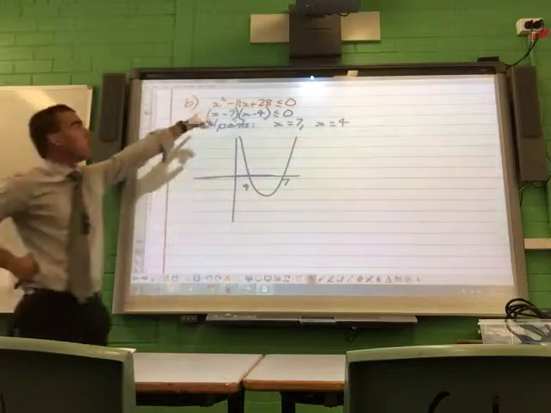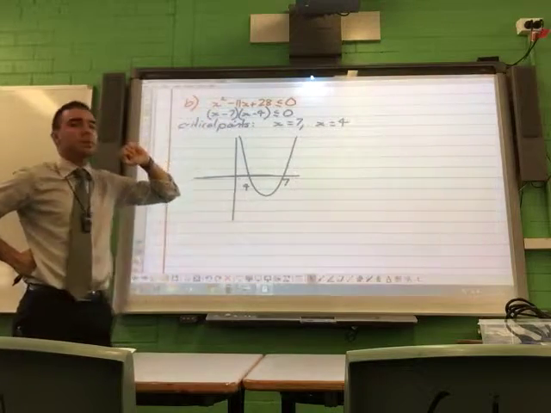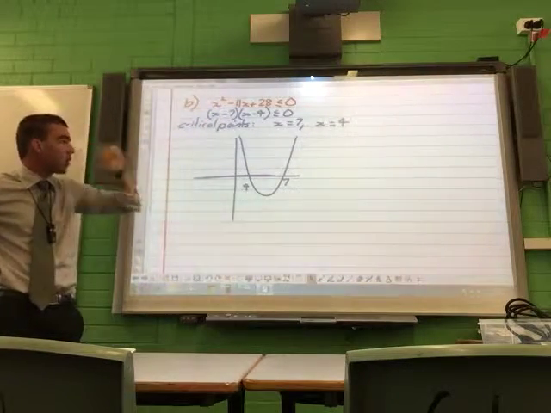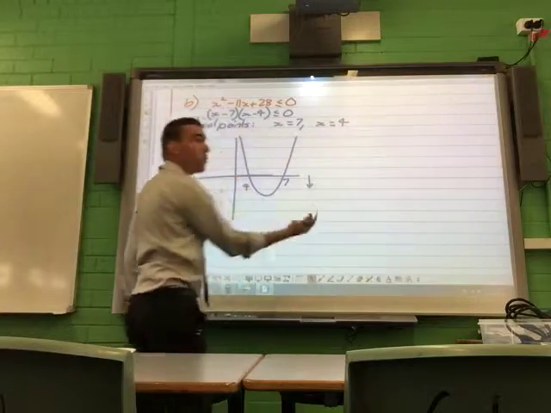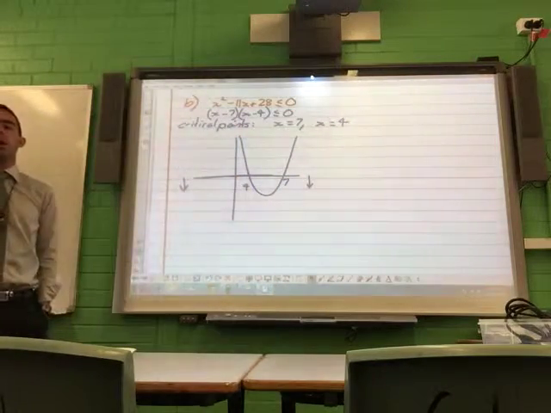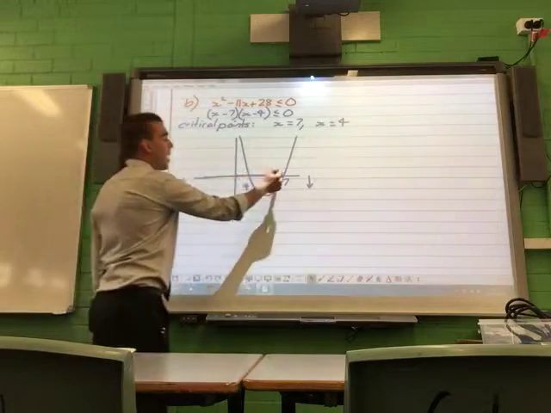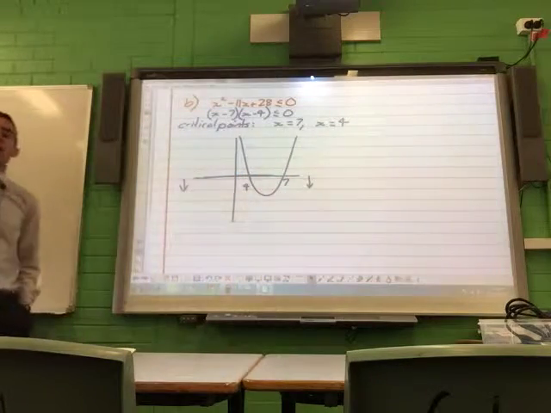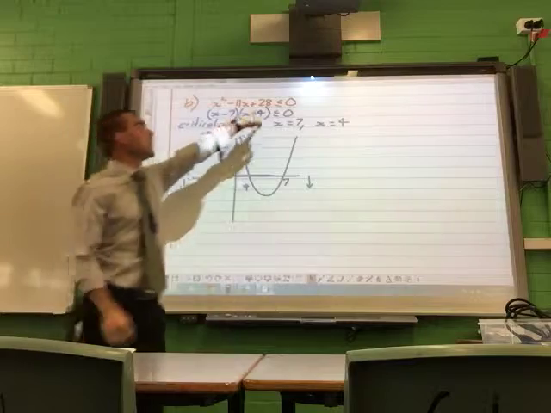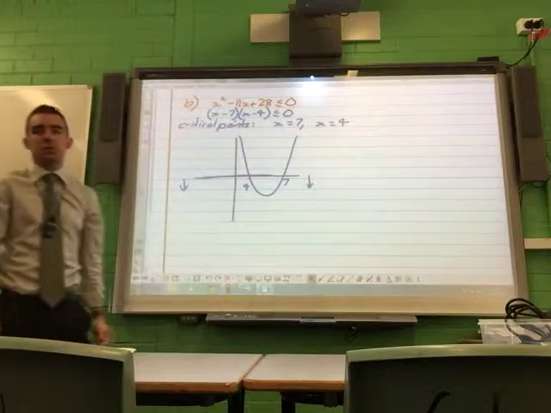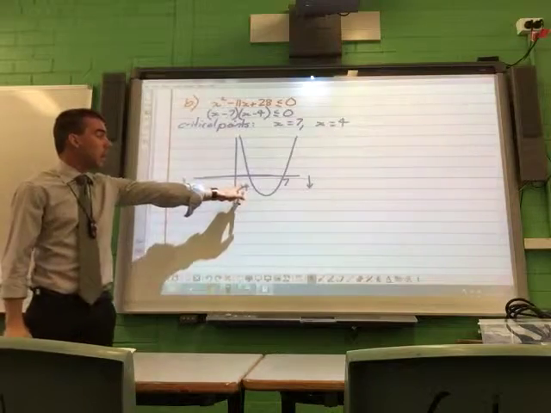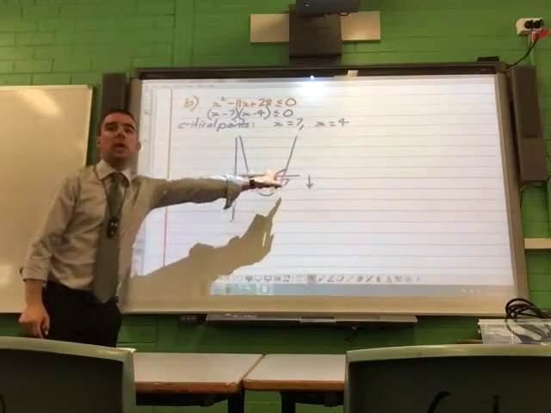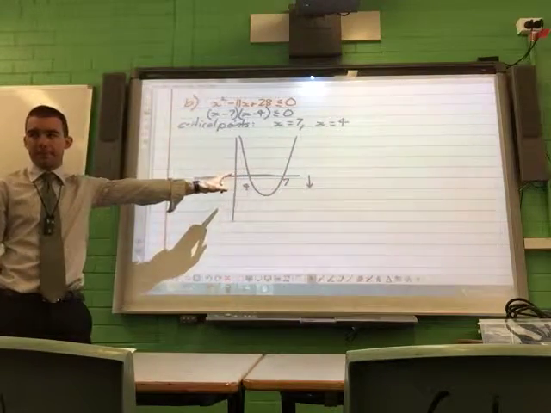So, the original inequality, x squared take away 11x plus 28 is less than or equal to 0. That means on the x-axis it's got to be below, meaning we're getting a negative y value. But we also have to remember they will include the points where it intercepts the x-axis because it is equal to 0. So x is going to be greater than 4 but still less than 7.